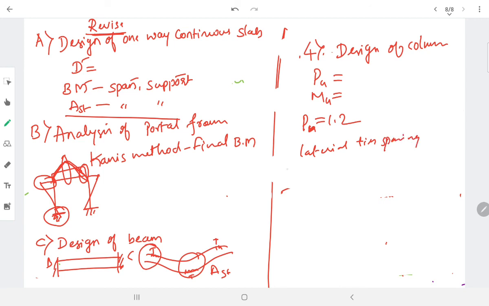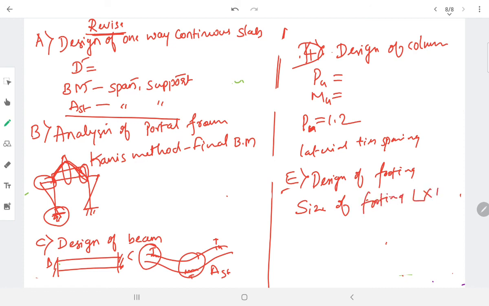This is step D actually, not fourth one. Step E was design of footing. So we have done design of footing. In this we have decided first the size of footing, that is L and B, where B is assumed and L is calculated with the help of the formula.